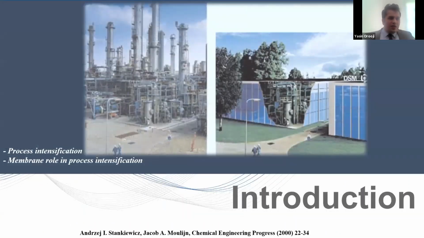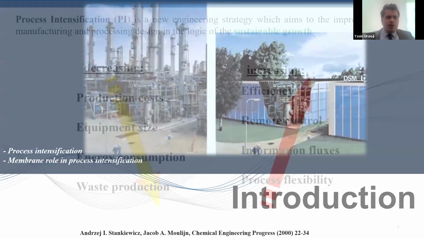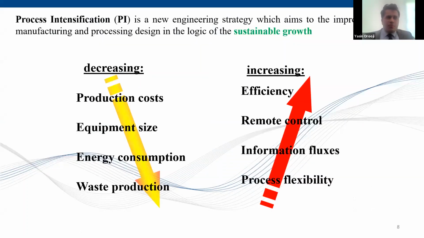Process intensification is tightly integrated with environmental engineering, and I will talk about the membrane's role in process intensification. For sustainable growth and decreasing production costs, equipment size, energy consumption, waste production, and increasing efficiency, remote control, which is a very hot topic during the pandemic, and information fluxes and process flexibility.